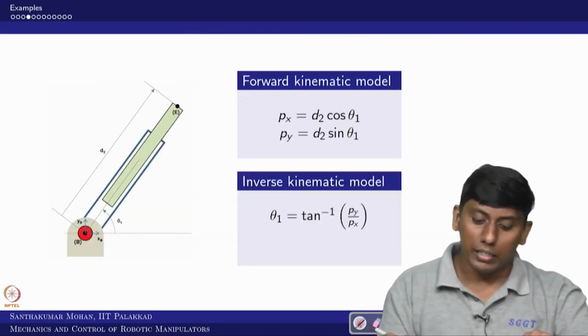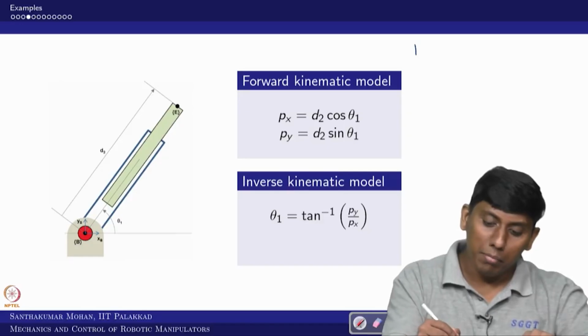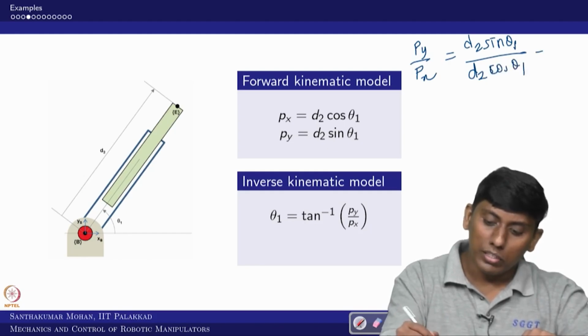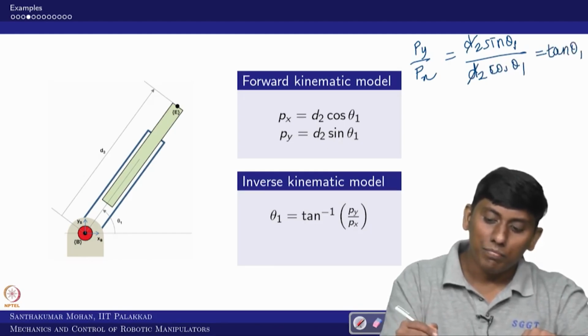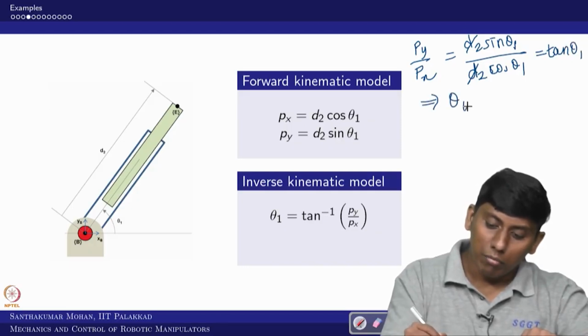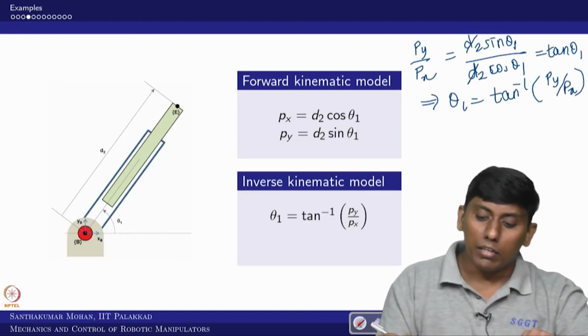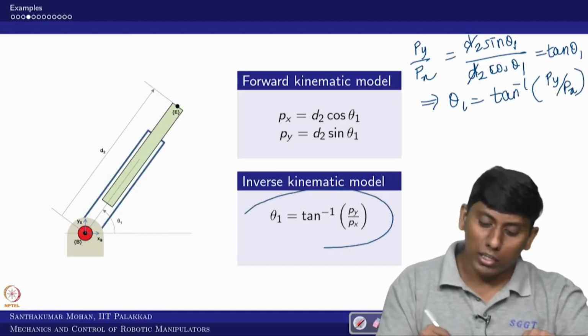If you take py by px, that is equivalent to d2 sin theta 1 divided by d2 cos theta 1, where d2 gets cancelled, giving tan theta 1. So theta 1 is tan inverse of py by px, which is quadrant dependent.